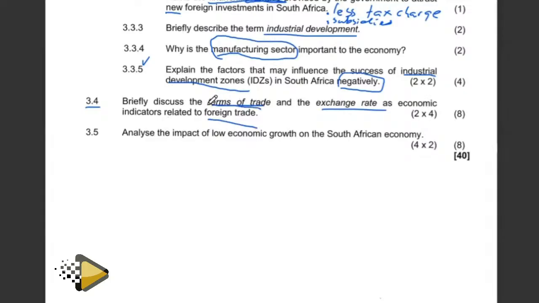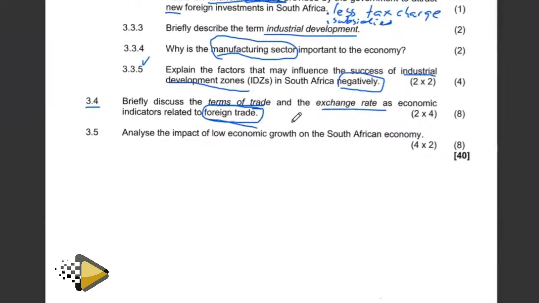Okay, so when we talk of foreign trade, here we check the interaction of different sets of countries in line with the flow of goods and services. We also check whether there can be an easy flow of goods and services amongst countries when we take into account the exchange rate as well as the terms of trade.